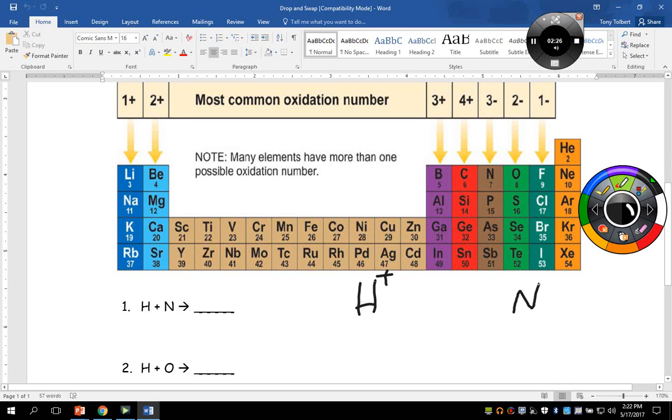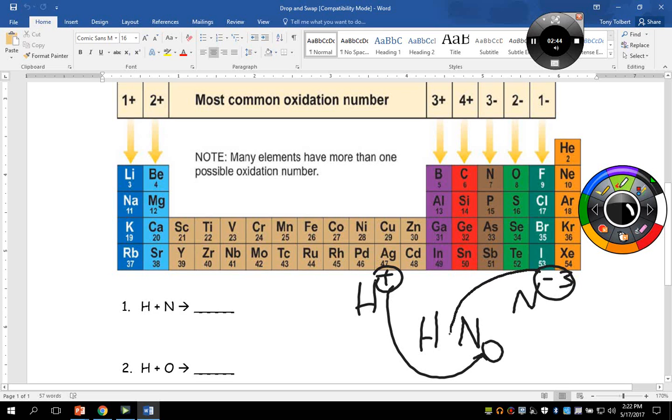An N is -3. When we bring them together, I drop the charge and swap the number over here, but there's only 1, so I don't write a number 1. Here, I'm going to take the 3 and bring it right down there. So my answer here is H3N. Notice there's no 1. We never write the number 1.